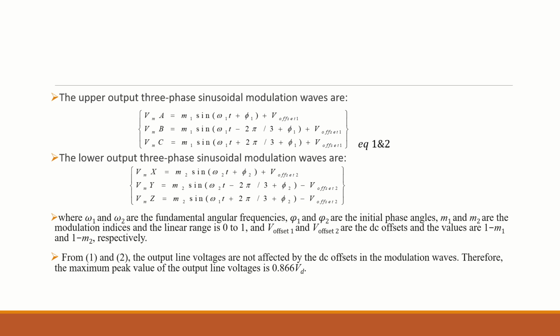Offset 1 and offset 2 are the DC offsets, with values 1 minus m1 and 1 minus m2 respectively. From equations 1 and 2, the output line voltages are affected by the DC offsets in the modulation waves. Therefore, the maximum peak value of the output line voltage is 0.866 VD.